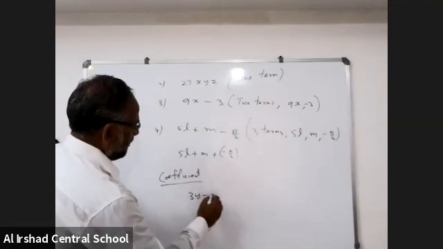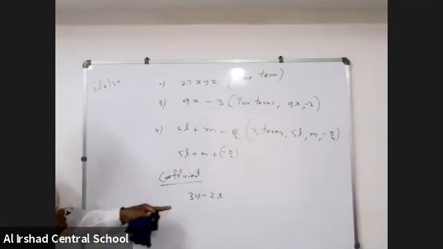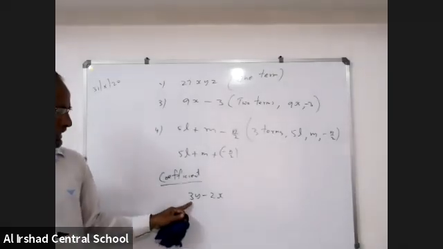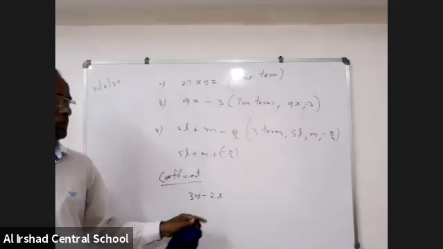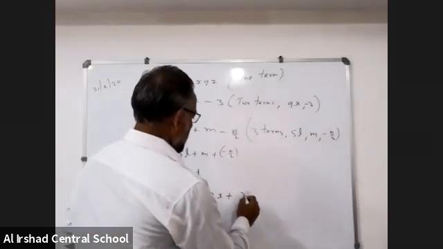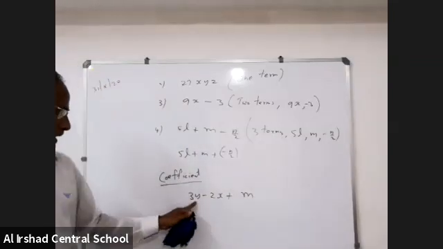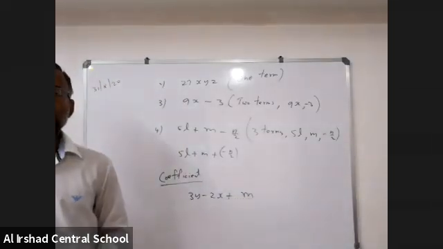Look here: 3y minus 2x. What is the coefficient of y? 3 is the coefficient of y. What is the coefficient of x? No, minus 2. Now suppose this is m: 3y minus 2x plus m. What is the coefficient of m?